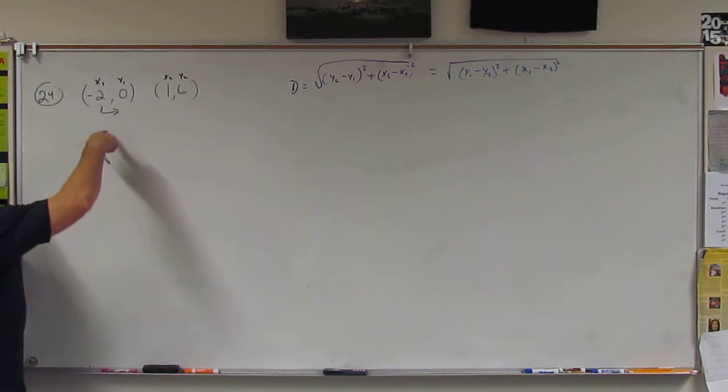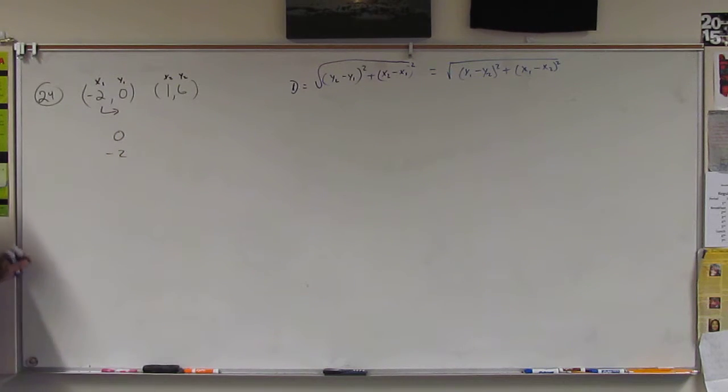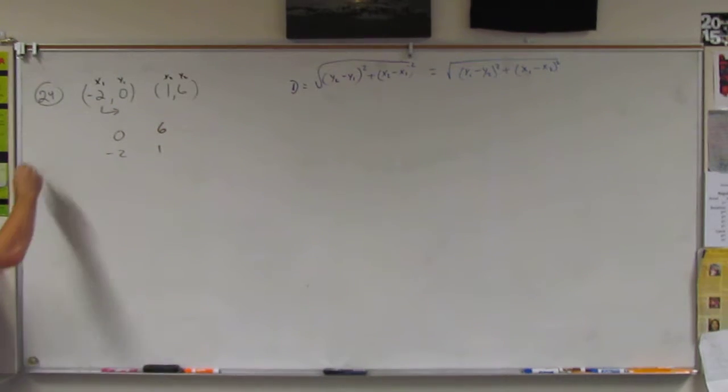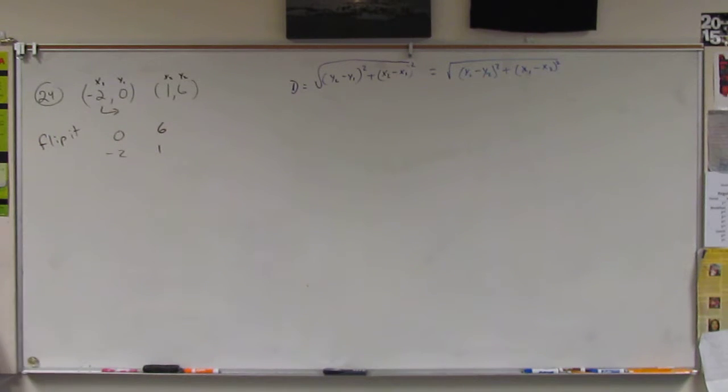By putting the y on top and the x on the bottom, if I'm used to flipping it just like in my slope, it keeps it in what's called a 2x2 matrix, right?